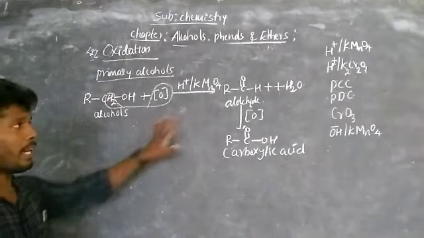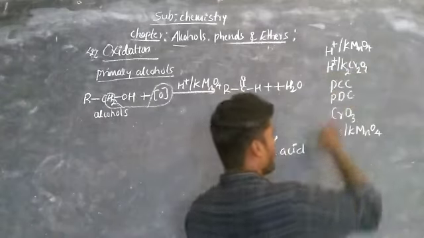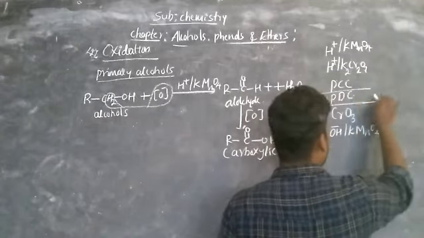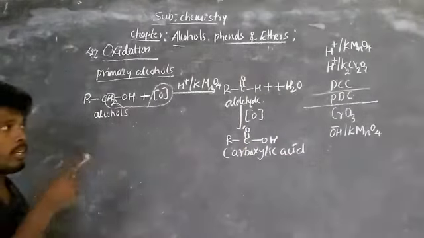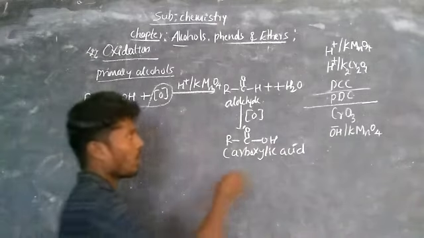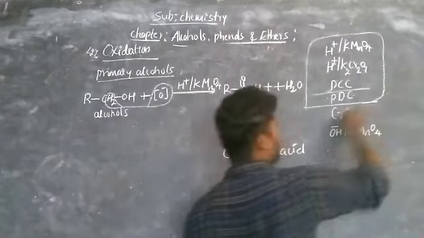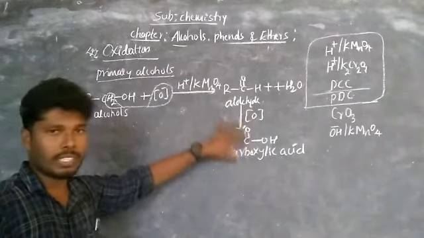This reaction can also be carried out in the presence of potassium dichromate, KMnO4, or pyridinium chlorochromate, PCC, or PDC, pyridinium dichromate. Any of these four reagents can be used here. You get compounds of this kind.